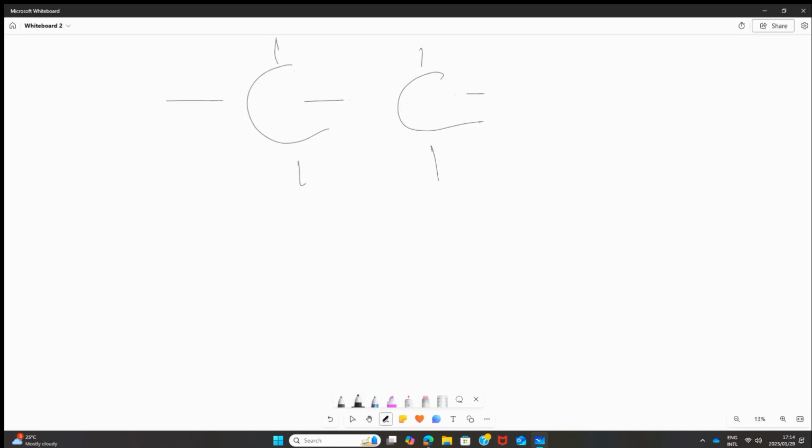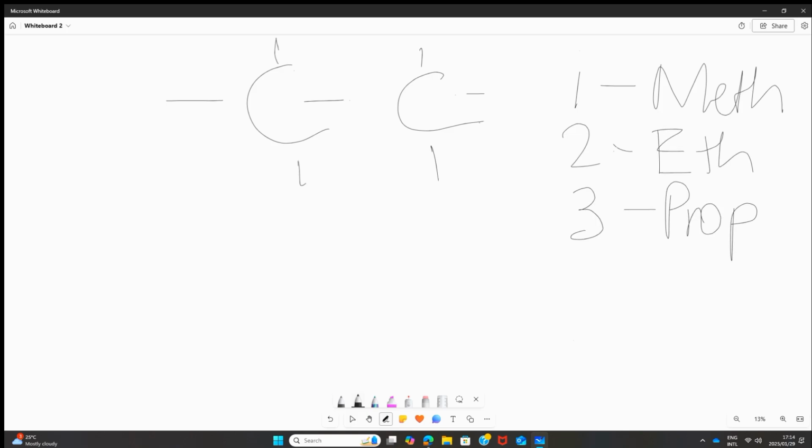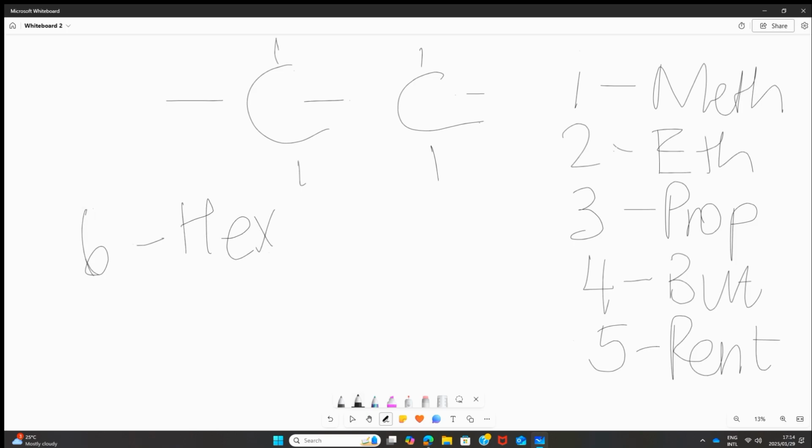So our prefixes are 1 for meth, you look at the carbon chain, and then 2 for eth, 3 for prop, 4 for but, 5 for pent, and then we have 6 for hex, 7 hept, 8 for oct.